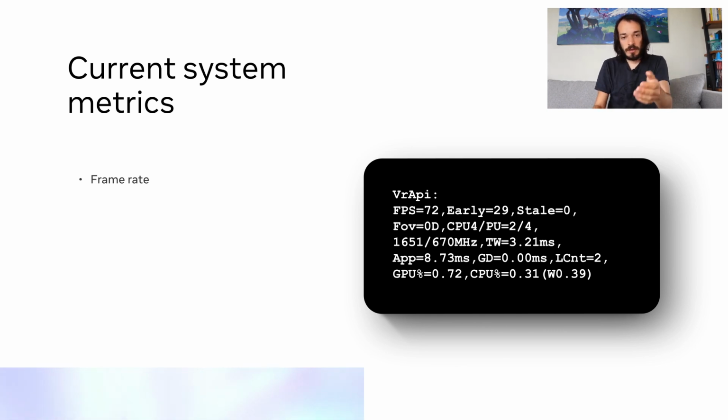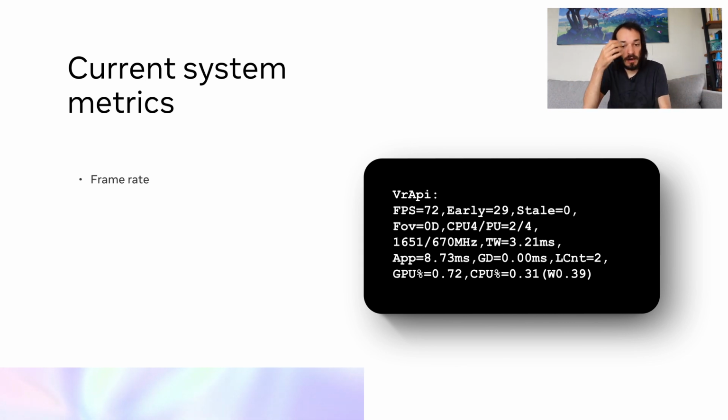An early frame, so here this application has 29 early frames, means that you didn't actually need 2 frame times, you only needed 1. And that Timewarp noticed that after the first 14 milliseconds, your frame was actually ready, so you're going much faster than you should, which is good.